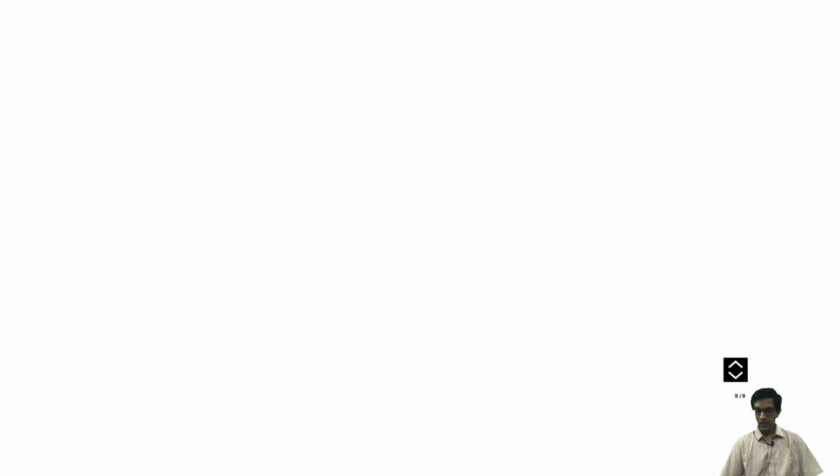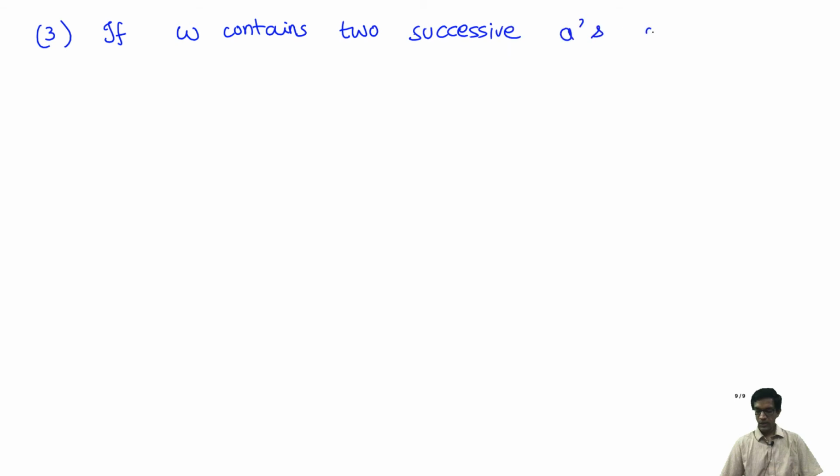So we need a few more reductions now. So here's reduction number 3, which says, remember, w is now a word only with a's and b's. If w contains two successive a's or two successive b's, then those two can be deleted without changing the coset of w.